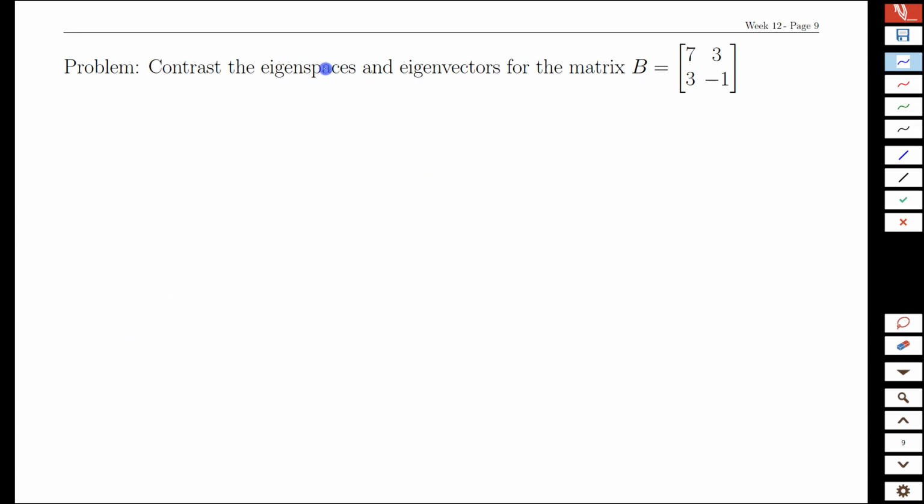So let's just do a quick compare and contrast of eigenspaces versus eigenvectors. And we'll just do it, for example, for the first eigenvalue. It's going to be the same for both the constructions, but the eigenspace, highlight the space part here, is equal to all the vectors with x equals 3y.